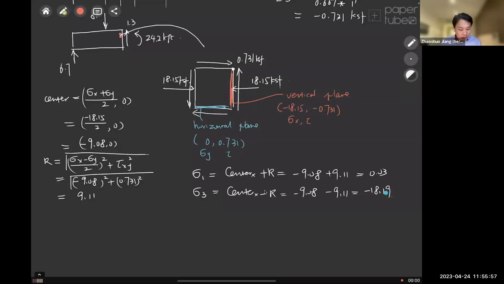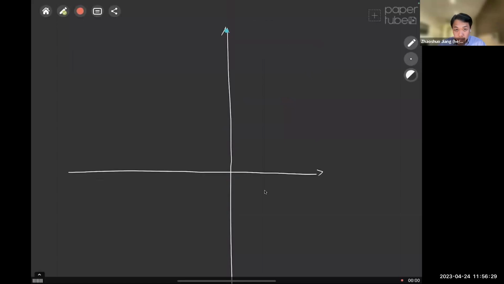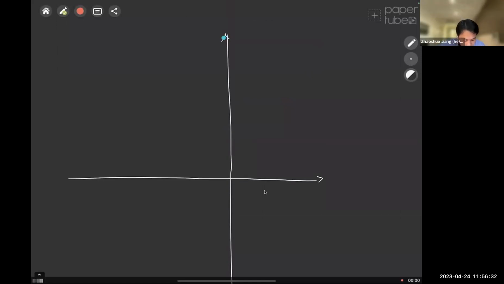Now, with that information, we can start to draw our Mohr circle. So this is going to be, let's see, 18.1. Okay. So to draw the Mohr circle, we have the center at negative 9.08, right?